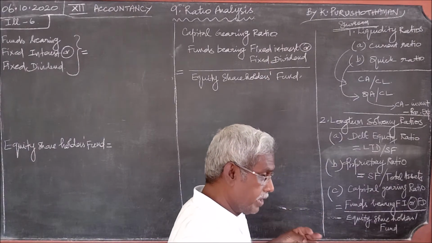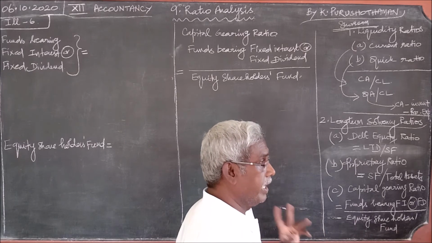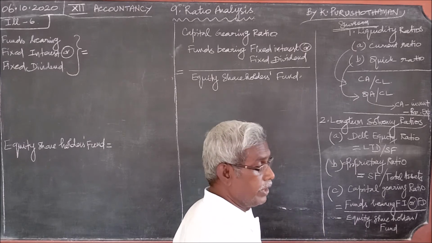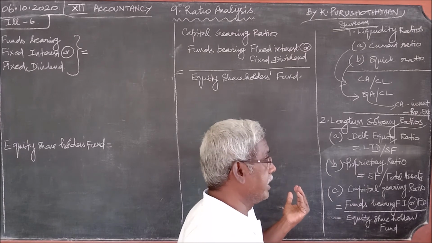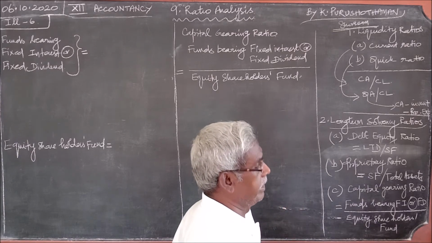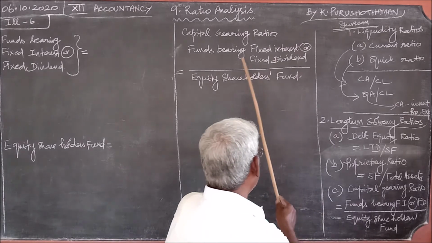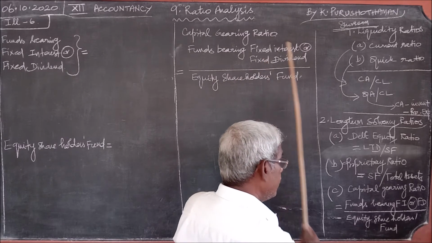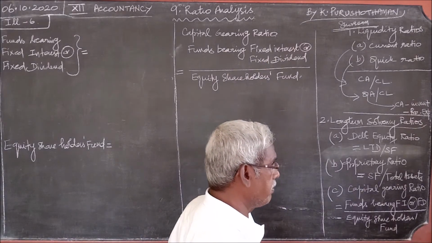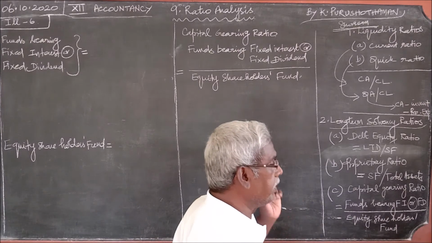For which shares do they give fixed dividend? Only for preference shares. So for equity shares, the dividend is not given at fixed rates. It will vary. So here what does it mean, funds bearing fixed dividend? Here funds bearing fixed dividend item is only preference share.